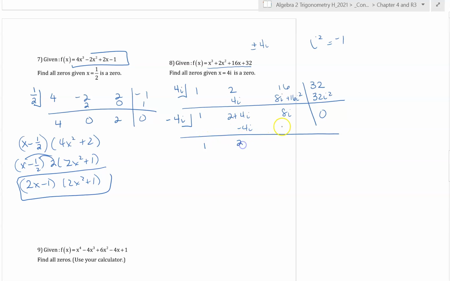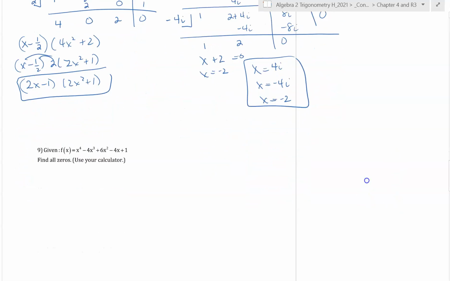The second time is like a walk in the park. Notice that cancels out, so we have x equals 4i, x is equal to negative 4i, and this is x plus 2. So our third 0 is x equals negative 2. So it's cubic. We need 3 zeros. We just found all 3.